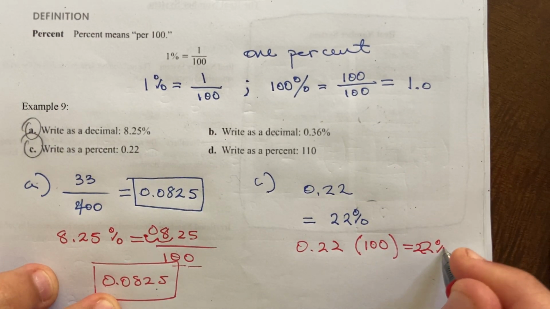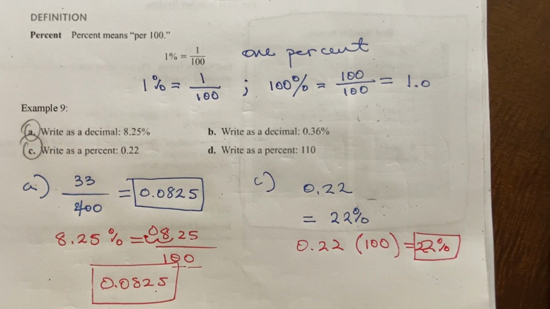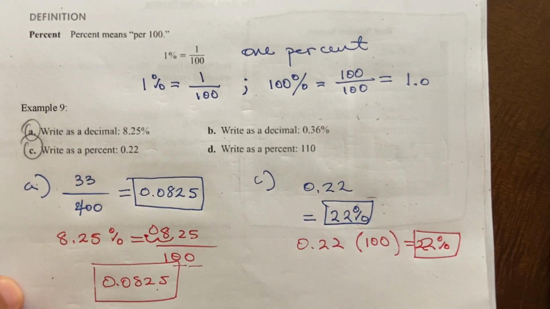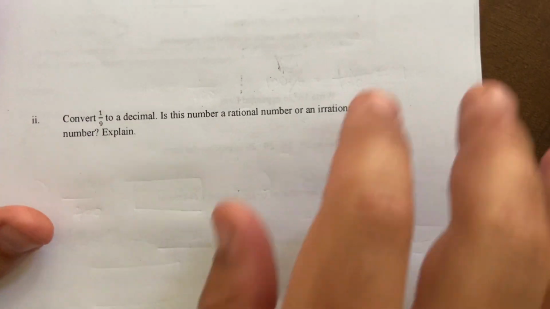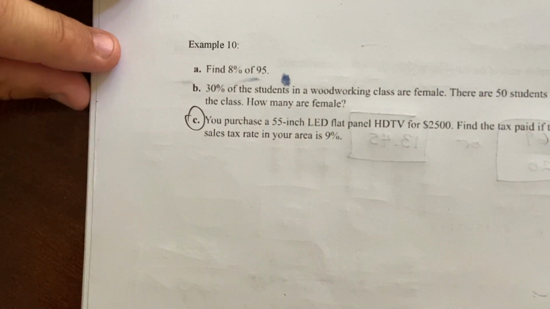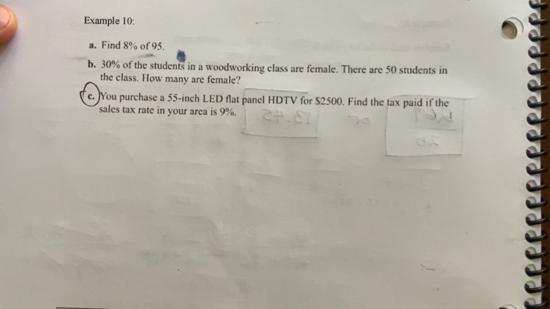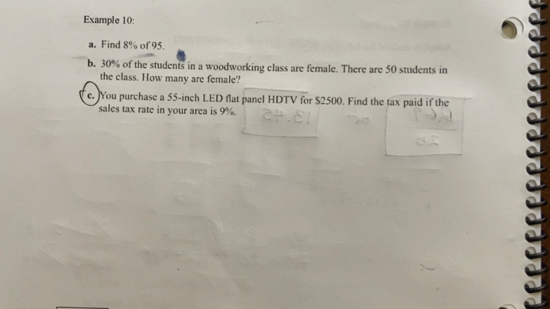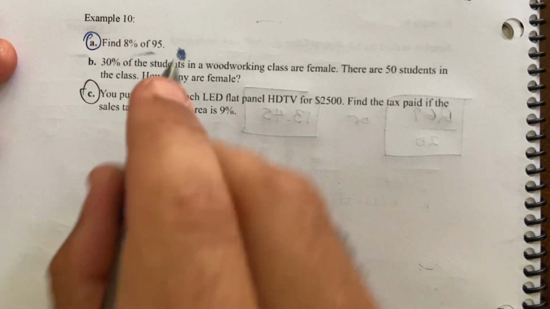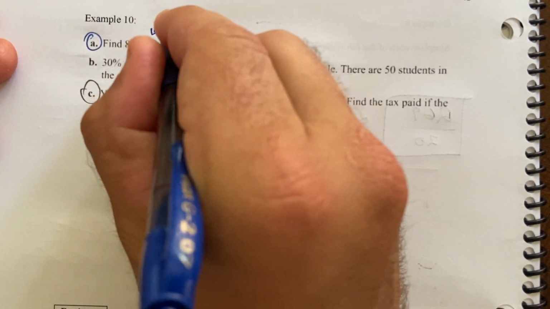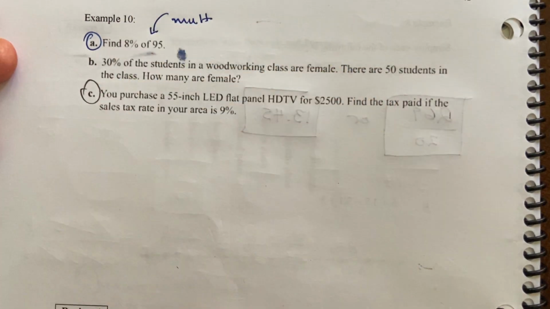Oops, missed my other two. So that would be the same thing. So I'll do part A here. So this says find 8% of 95. So of is multiply.